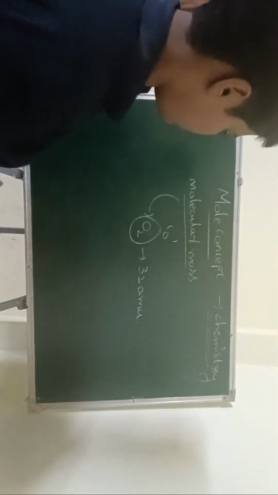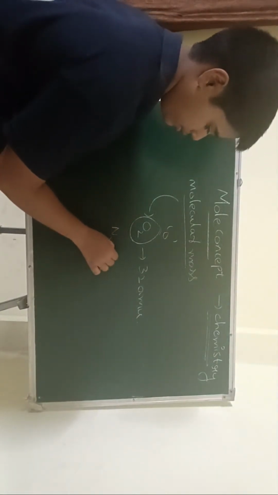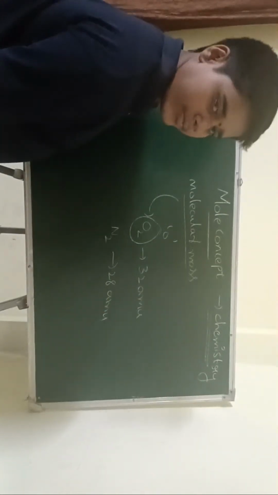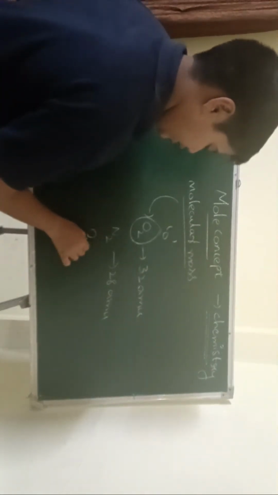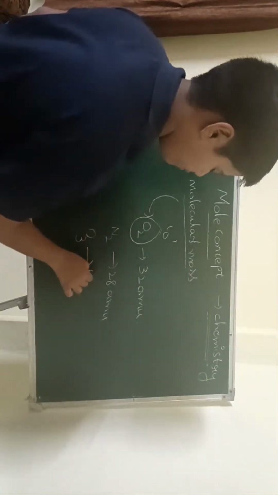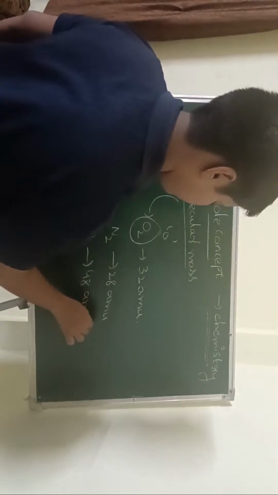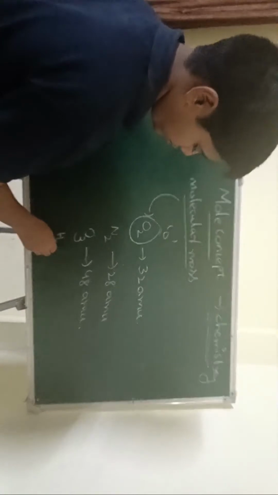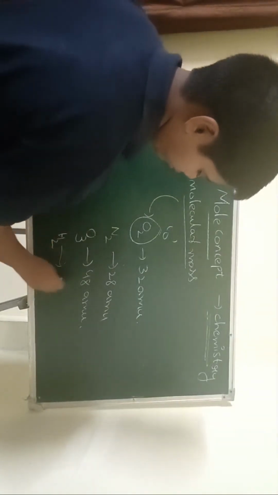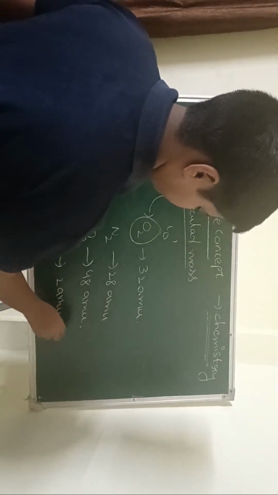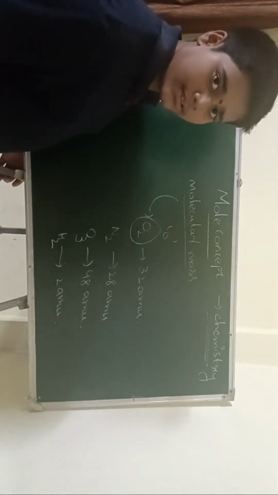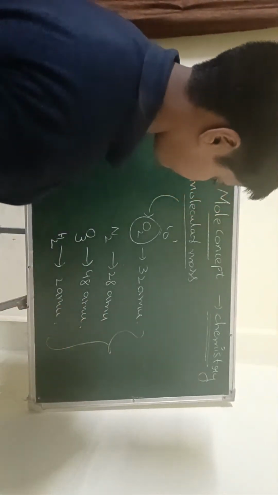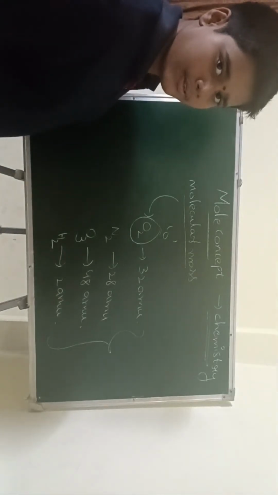For example, N2 is 28 AMU, O3, ozone, is 48 AMU, and H2 is 2 AMU. Like this we can remember molecular mass.